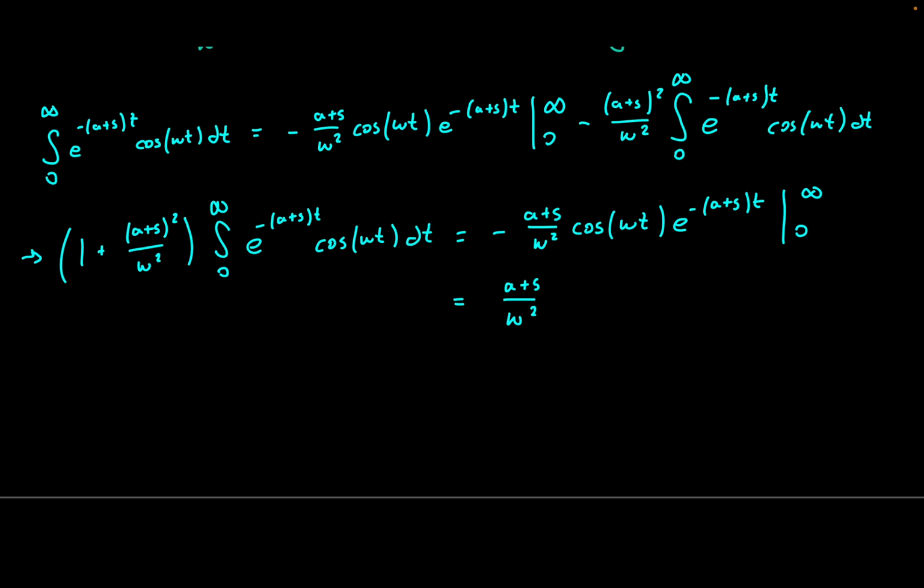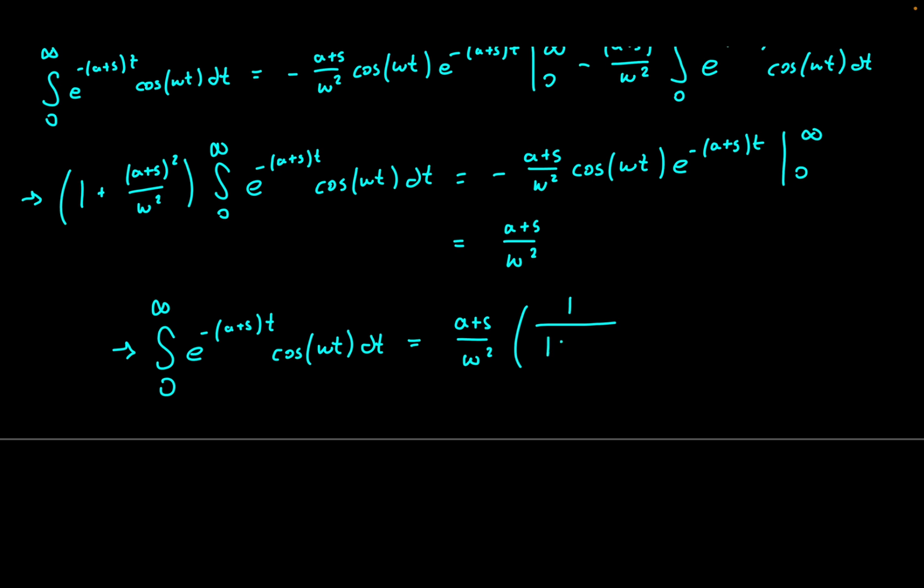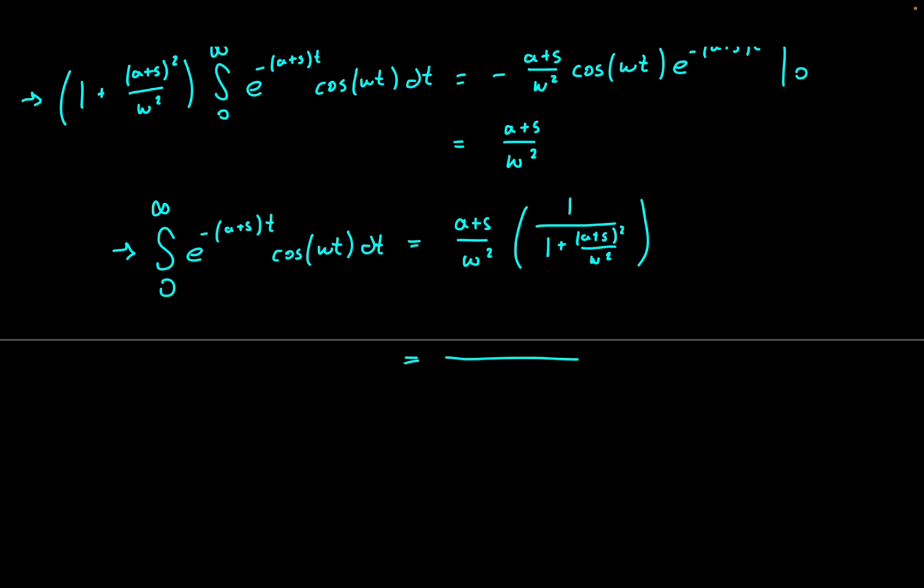Now we can multiply this constant over to the right-hand side, so that the integral from 0 to infinity of e to the negative (a plus s) t cosine of omega t dt is equal to (a plus s) divided by omega squared, and then 1 divided by 1 plus (a plus s) squared divided by omega squared, which will be equal to, almost there, home stretch, (a plus s) divided by omega squared plus (a plus s) squared.